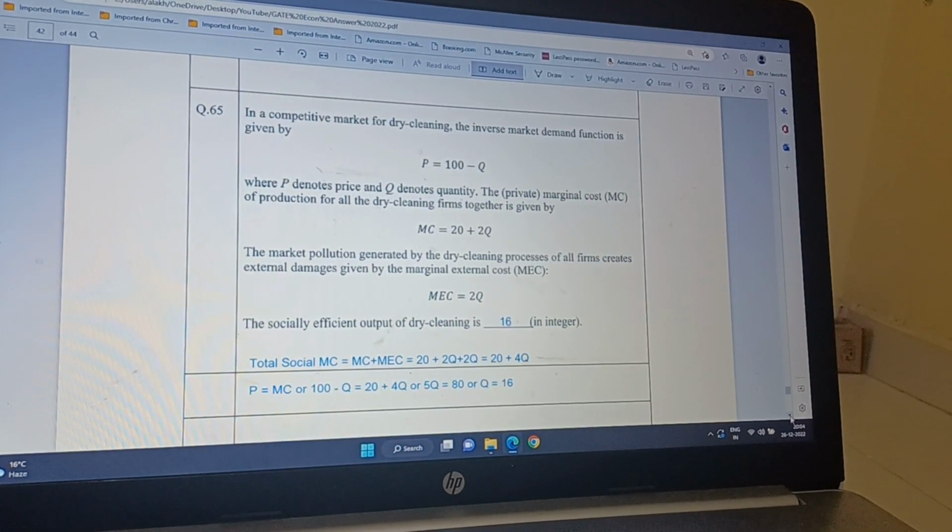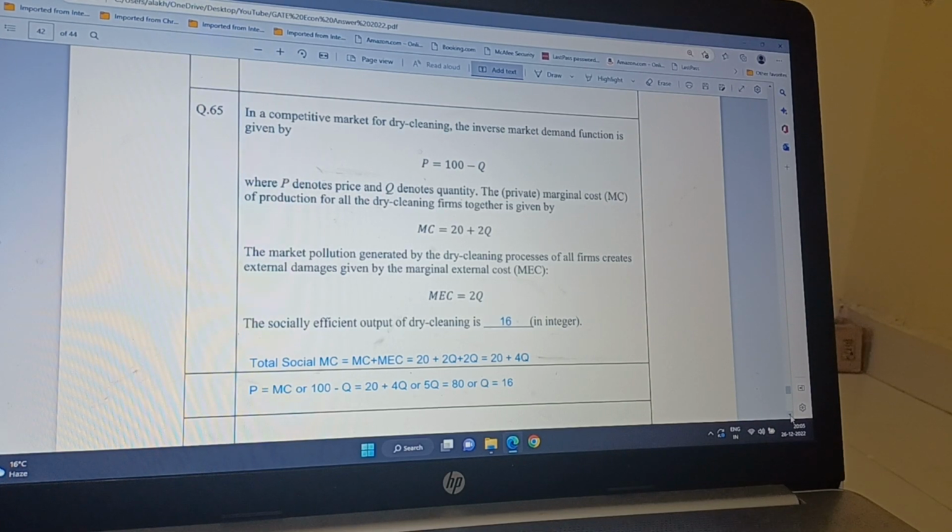It says, in a competitive market for dry cleaning, the inverse demand function is given by P is equal to 100 minus Q, where P denotes price and Q denotes quantity. The private marginal cost of production for all the dry cleaning firms together is given by MC is equal to 20 plus 2Q. The pollution generated by the dry cleaning process of all firms creates external damage given by the marginal external cost equal to 2Q.